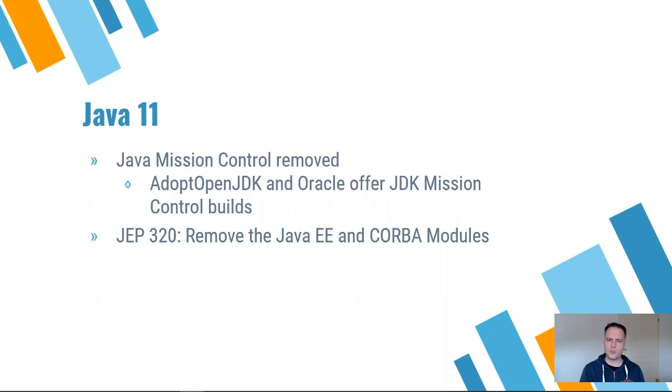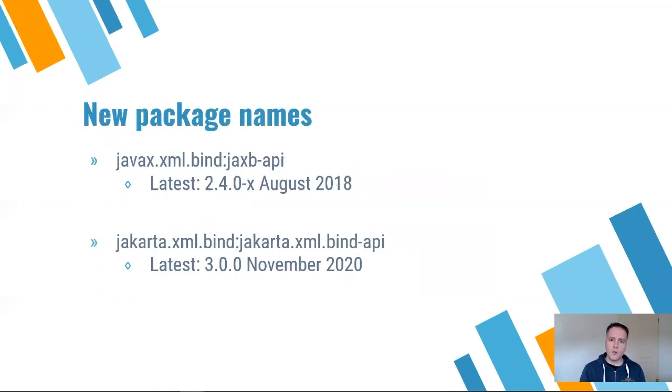One of the bigger changes was the removal of the Java EE and Corba modules, and that impacts a lot of applications. And one of the changes there is that not only do you now need to use the packages yourself and add them as dependencies, but also there are new packages being created. So previously we had the JavaX packages, but they are no longer maintained, and we now have new packages provided by Jakarta, which are still maintained.